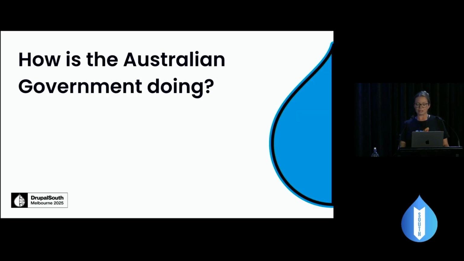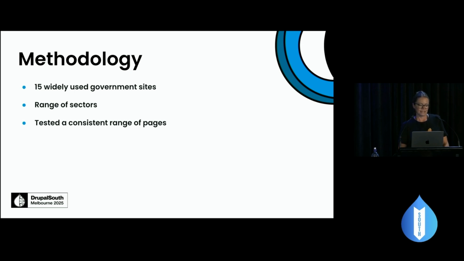Now we're going to have a quick look at an evaluation Morphed recently did, looking at widely used Australian government sites to find out their reading score level. We evaluated 15 sites and ranked them based on their Flesch reading scores. I won't disclose the specific sites, but they do represent a range of sectors, such as health, services and finance.